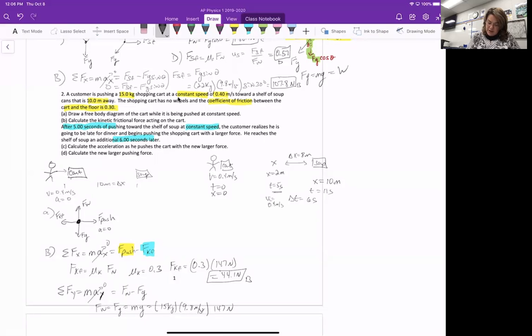I have three things. I know my initial velocity was equal to 0.4 meters per second. I know that the change in position during this next section was equal to 8 meters. And I know that the elapsed time, or the time that it took to go that distance, was 6 seconds.